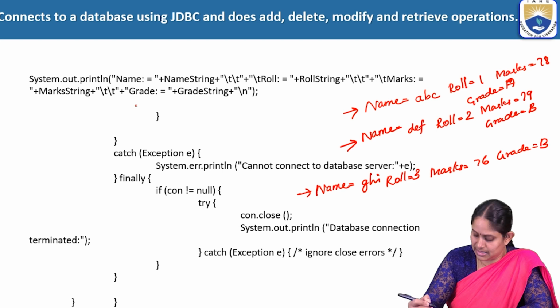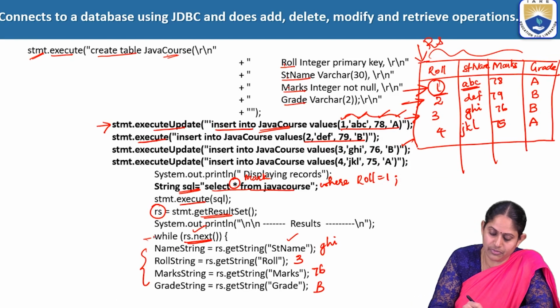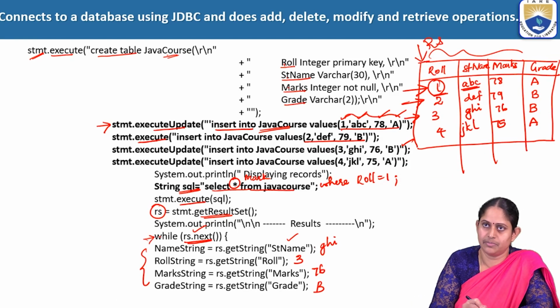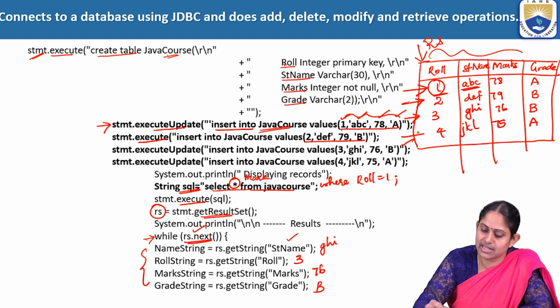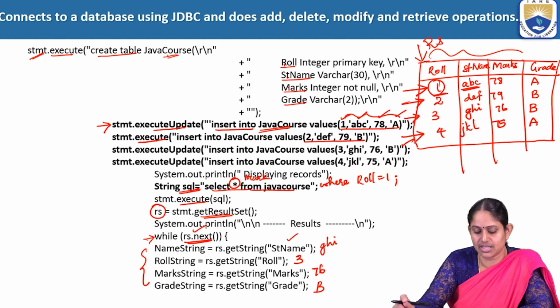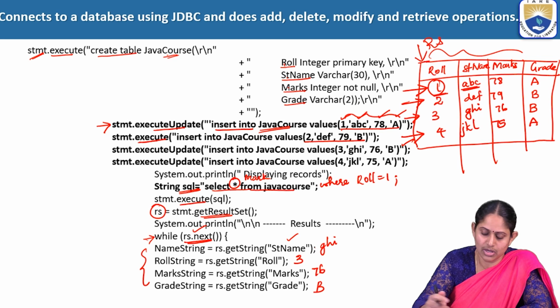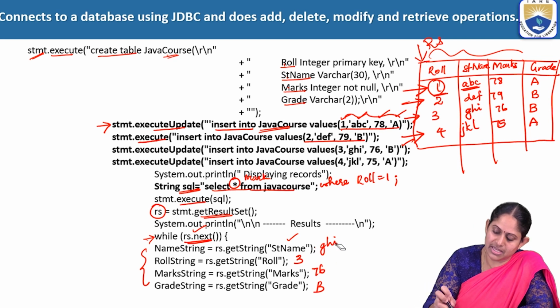Now again the while loop will check whether there are any contents in the result set. So still there are contents. So the next method will return true. So again these 4 things will be executed.